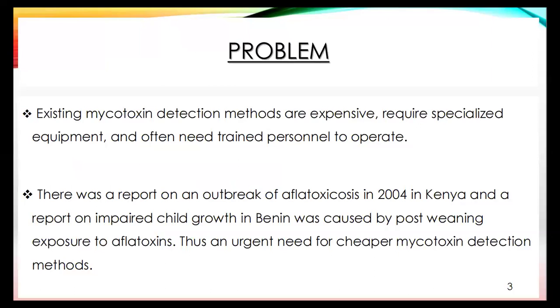Existing mycotoxin detection methods are expensive. Some require specialized equipment and often need trained personnel to operate. There was a time in Kenya in 2004, an outbreak of aflatoxin poisoning, and there was also one in Benin, which affected weaning children within the period of 4 to 6 months.